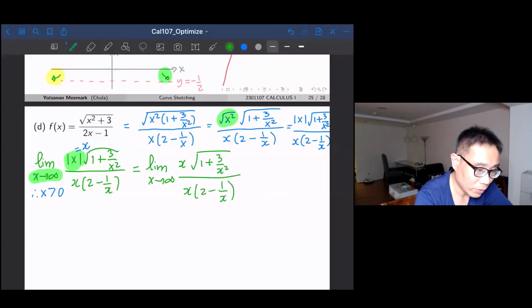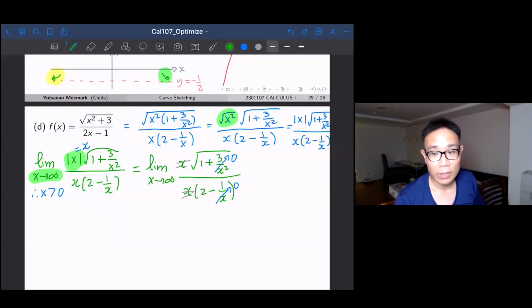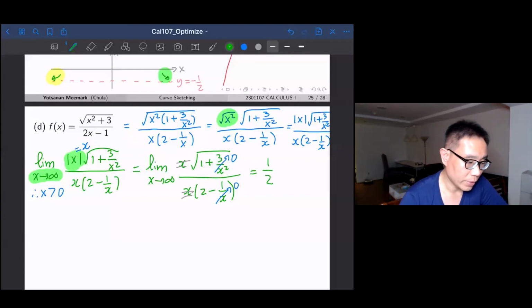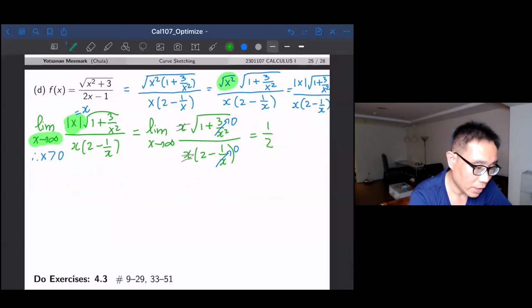And you're going to have x and x cancel. As x goes to infinity, these terms go to 0 and 0. So the limit turns out to be positive 1/2. So you have the limit equal to 1/2 in the first case.